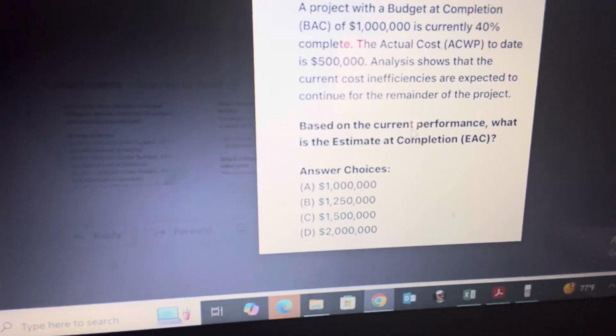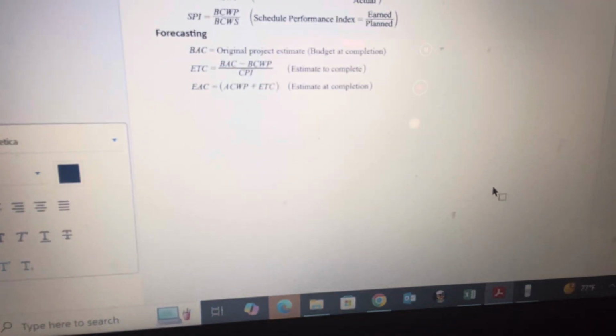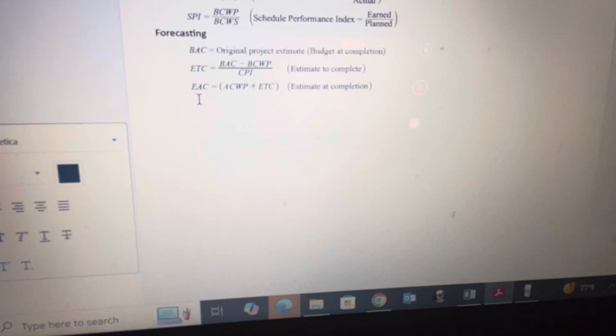When we find a requirement, we need to go through the handbook to see our equations in forecasting. What he is requiring is the estimate at completion. The estimate at completion is the actual cost of work performed plus estimate to complete. Actual cost of work performed is given.